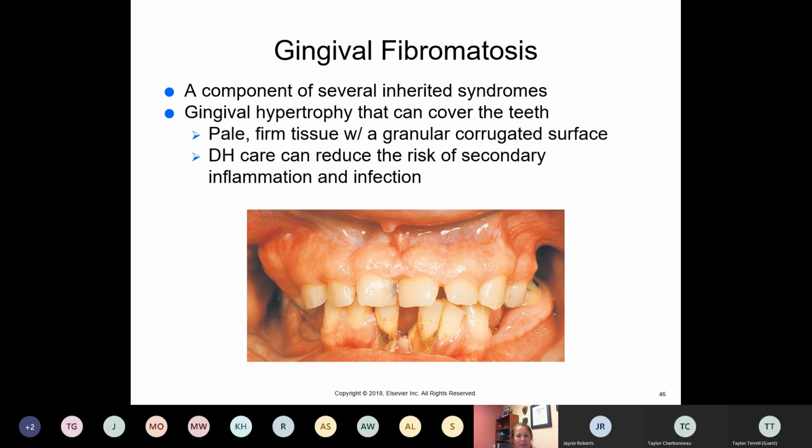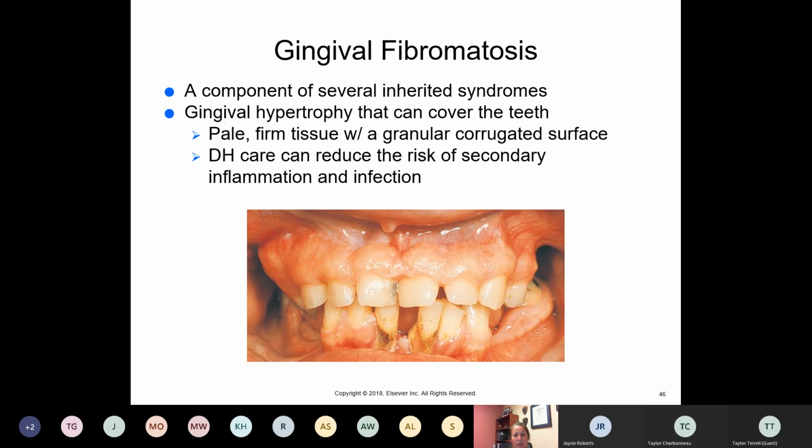Gingival fibromatosis: you can look at this tissue and it just looks fibrotic. It looks tough, and it is a component of several inherited syndromes. We see gingival hypertrophy that can cover the teeth sometimes in this, and it's pale. Fibrotic tissue tends to be pale and firm, and sometimes has a corrugated-looking surface.